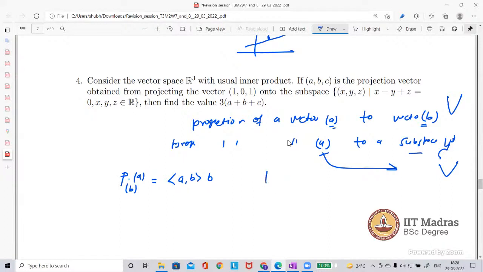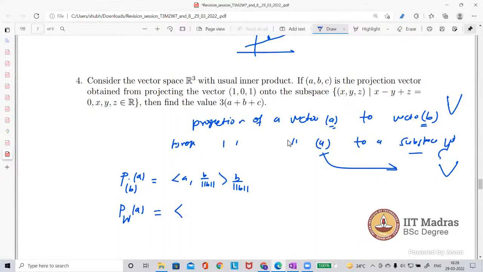To change it to a unit vector, it means writing it like this: <A, B> B over norm of B. This one. Now next is projection on a subspace of a vector A equal to, okay.